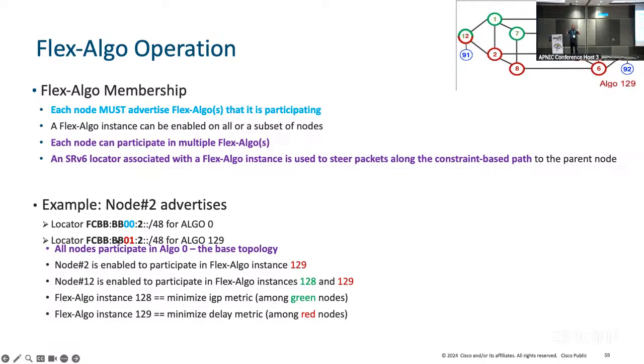But that's not efficient. Why? Because the calculation has to consider the whole topology, all the nodes, to calculate a path, right? But what if you define a subdomain? For example, a subdomain with the upper green nodes and a subdomain for the bottom red nodes. When you do the path calculation, it only considers the nodes in that subdomain, so you will have a more efficient path calculation. So that's how FlexAlgo gets into this picture.